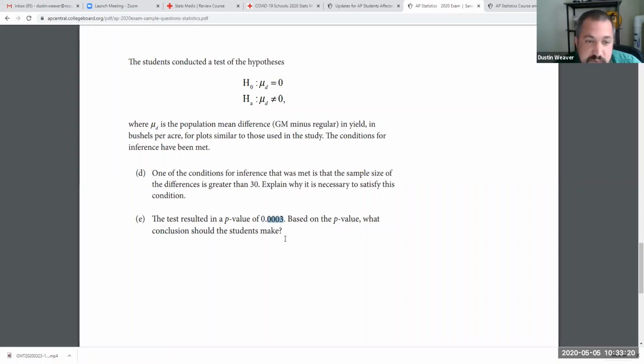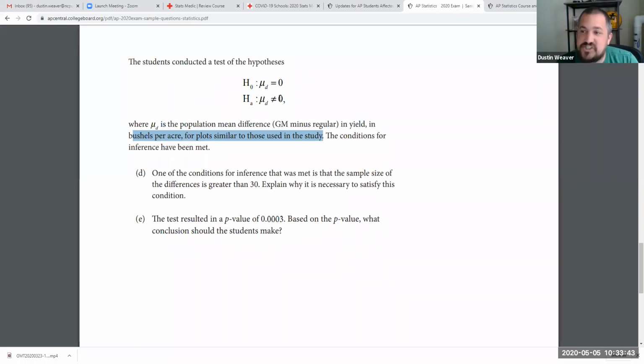Now, your second sentence should be, there is sufficient evidence to suggest that the population mean difference in yield in bushels per acre for plots similar to those used in the study is different.